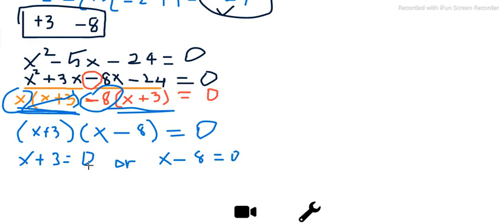So if you solve this linear equation, you will have x to be minus 3, or you have x to be plus 8. Do you understand that? So that's how to solve quadratic equation by factorization method. We continue from there in the next video.